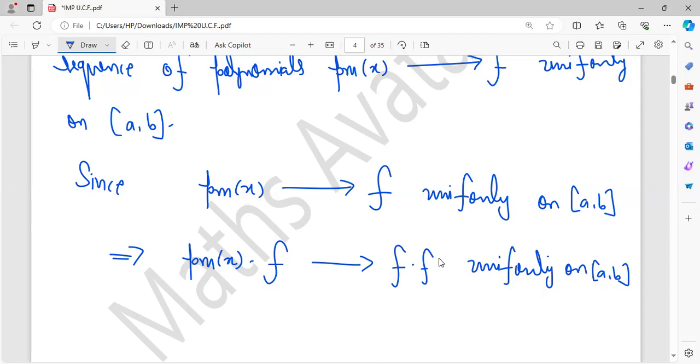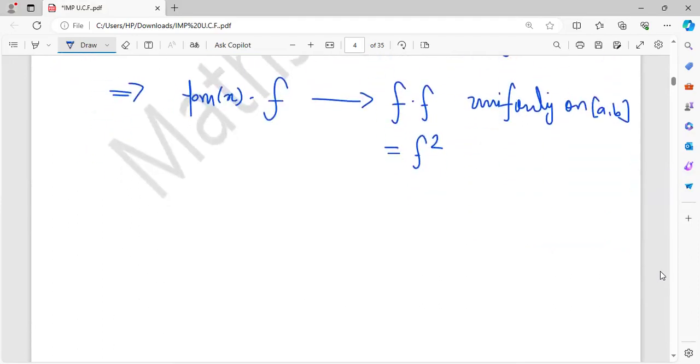So p_m(x) into f converges uniformly to f into f, that is f square, on [a, b].